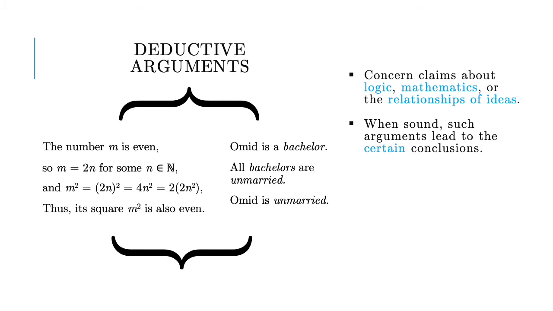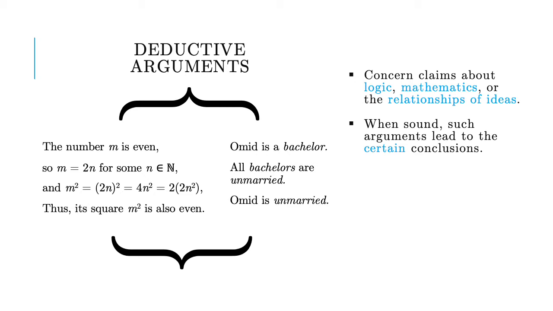When such arguments are sound, they lead to certain conclusions, right? If the reasoning in the first argument is correct, that the squares of even numbers are also even is certainly true. And there is no more evidence that we could gather that would now convince us otherwise.